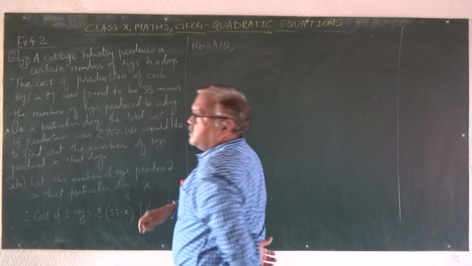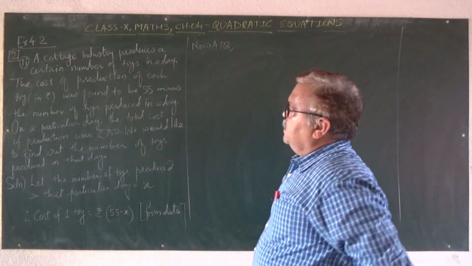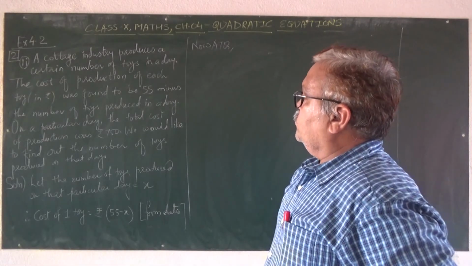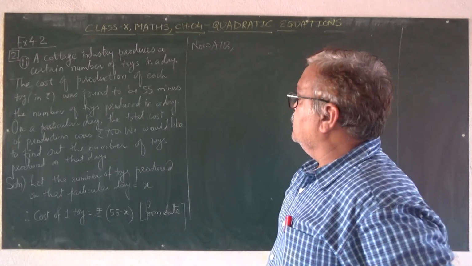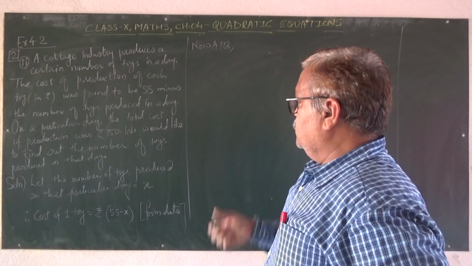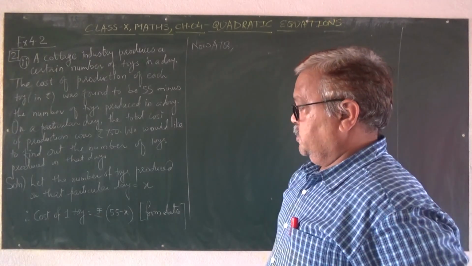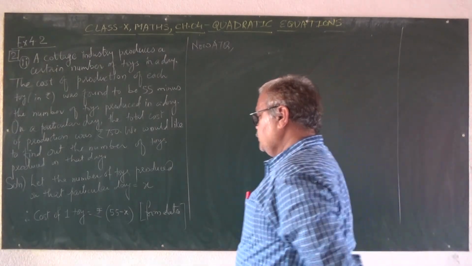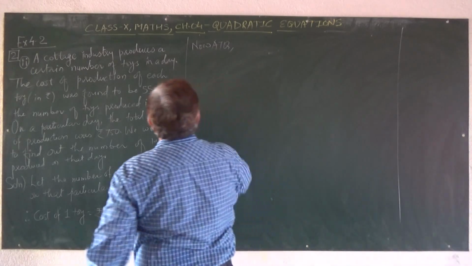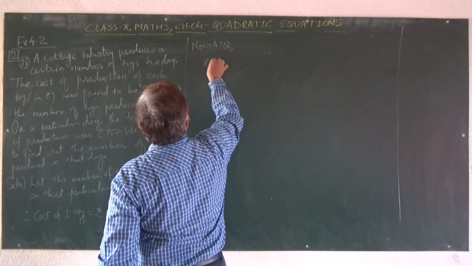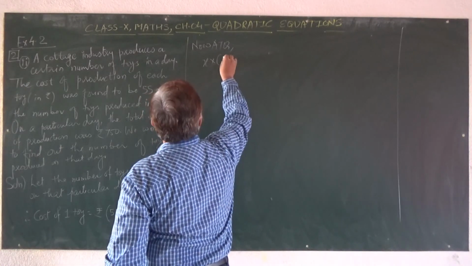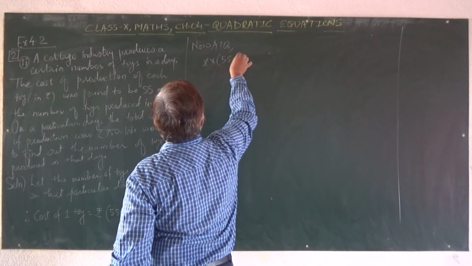Now according to the condition given, what is given? On a particular day the total cost of production was 750. We would like to find out the number of toys produced in that day. So number of toys is x multiplied by cost of one toy is 55 minus x.